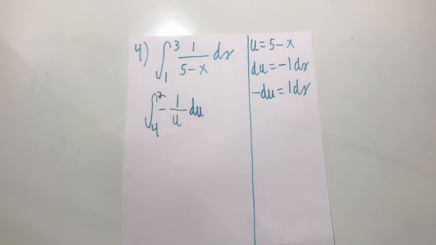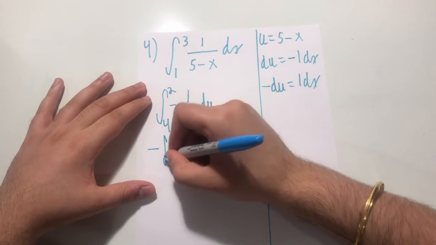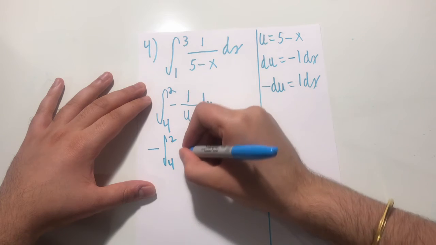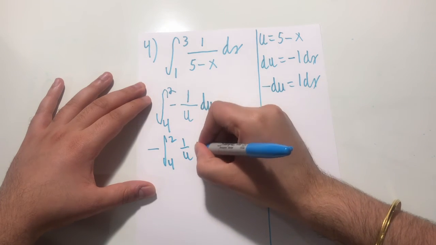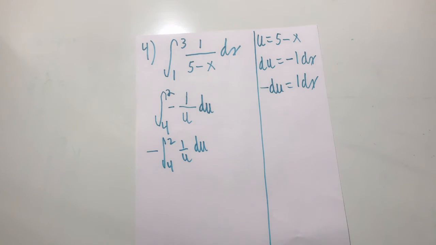Okay, so now let's actually go through the integration, right? Integrating this, we can take the negative and put it on the outside, right? And we write this from 4 to 2 of 1 over u du. Now, 1 over a variable, which in this case is u, 1 over u, should be a memorized thing you kind of have down, all right?